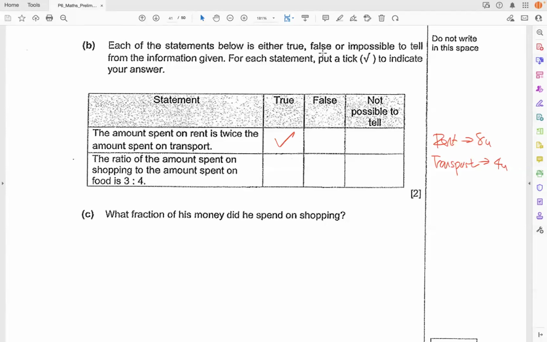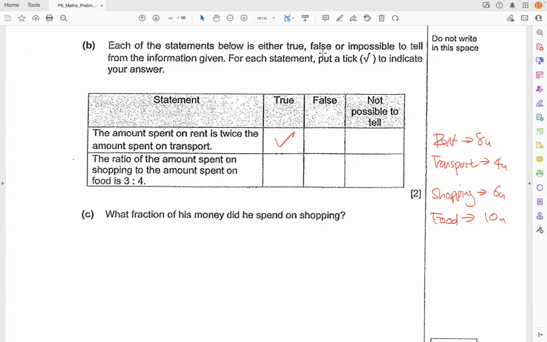Now let's look at the next statement. The ratio of the amount spent on shopping to the amount spent on food is 3:4. Shopping is 6 units and food is 10 units.